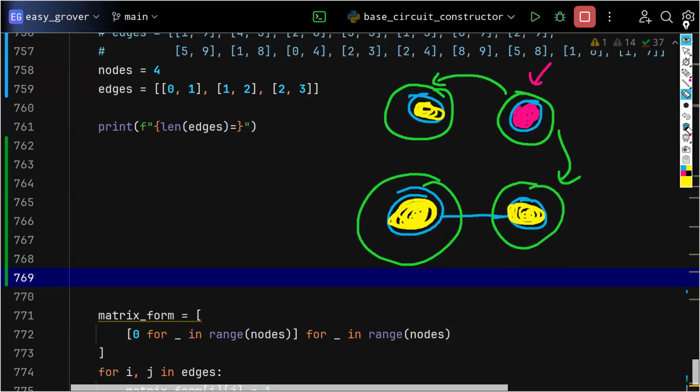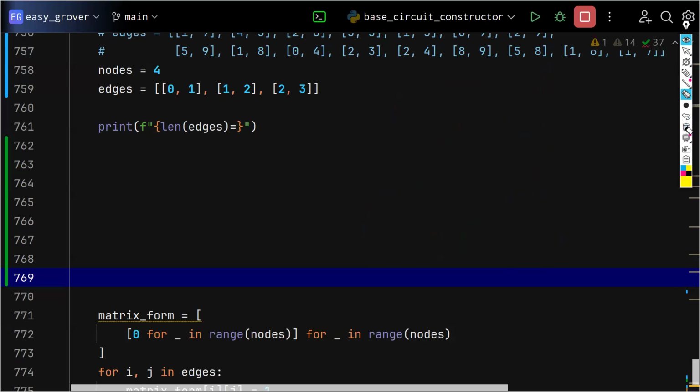What is good about it in terms of quantum computation is that my entire solution space is the nodes, and I could condition between the nodes, between these qubits, to mark whether there is a connection or not.